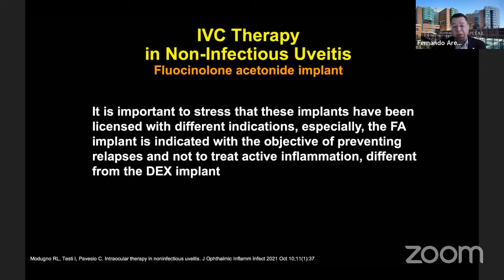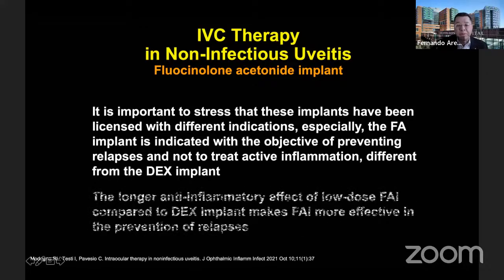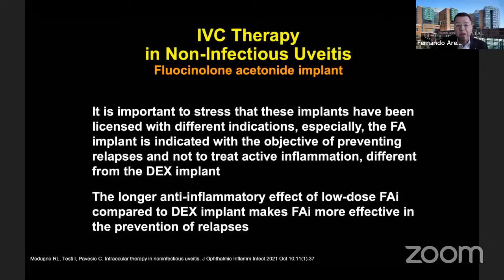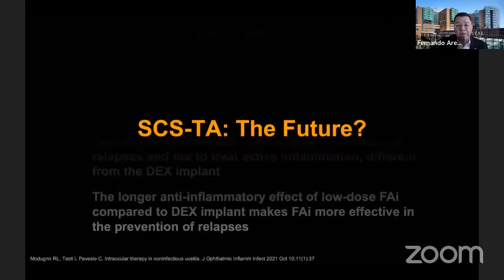So it's for a patient that has little inflammation or inflammation is controlled and you want to avoid relapses. It's different from the Dexamethasone implant, which is a better choice when you have active inflammation. The longer anti-inflammatory effect of the low-dose fluocinolone implant compared to the Dexamethasone implant makes the fluocinolone acetonide more effective for the prevention of relapses.